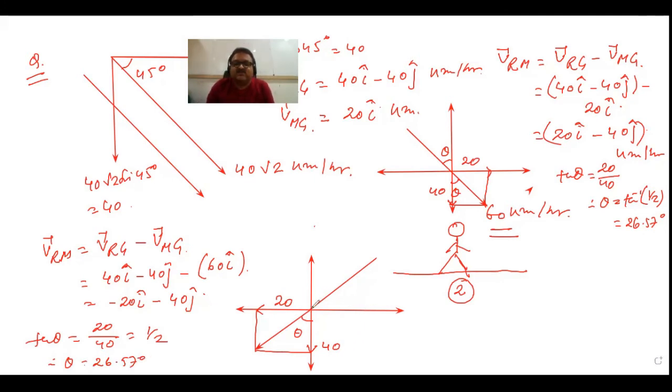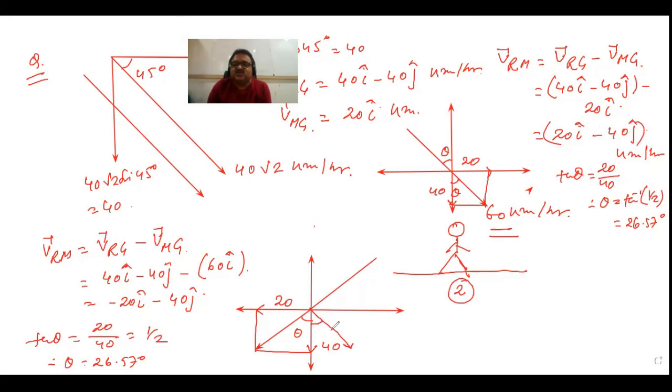If you watch it carefully, look at this. When the man was running, the initial speed was 40 km per hour. Okay, sorry, 20 km per hour. It appears to fall rain like this. So if you calculate, the initial angle is this much.